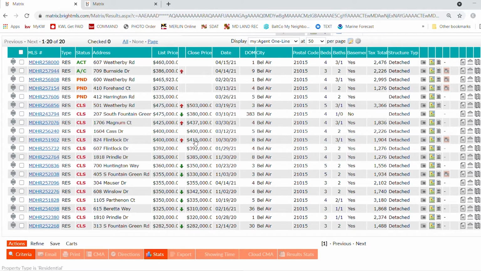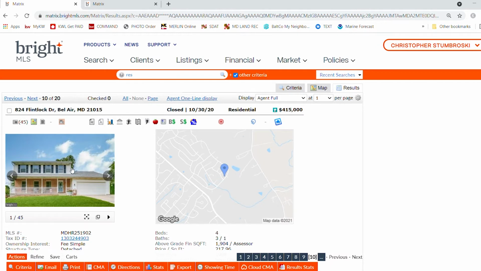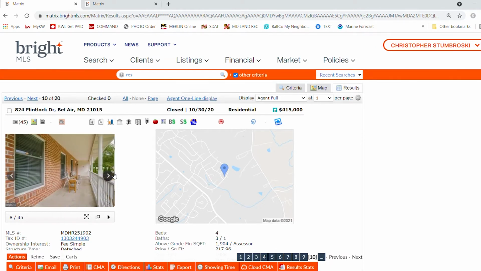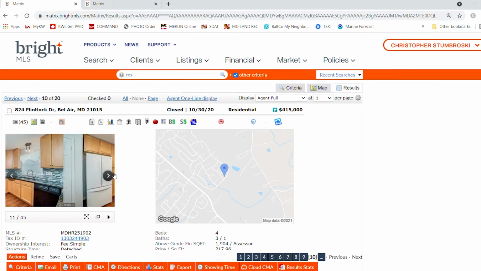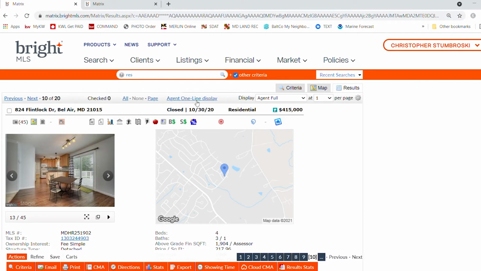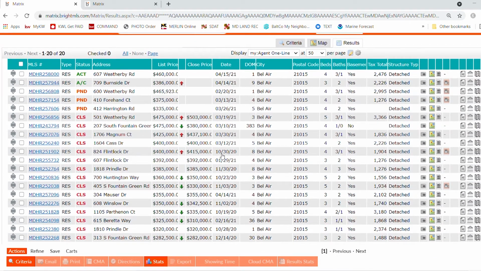The 4s were properties that were either not comparable, or comparable but fixed up, with updated kitchens, updated bathrooms, things like that, while our subject property was original to 1998 when it was built. So we had to take that into consideration. That's pretty much how we comp properties.